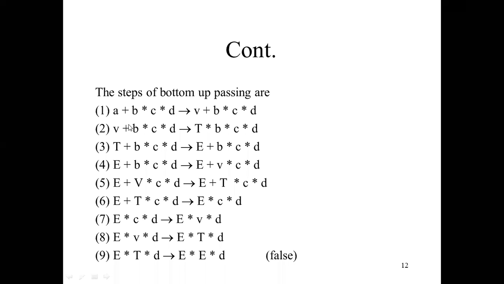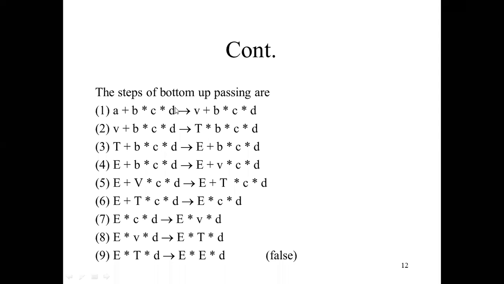Now you start to replace from here. You are replacing V. The value of A, you are all aware that you can replace it by V, since A, B, C, D can each be written as V. Now you are replacing V here in place of A and writing all remaining things as it is: plus B star C star D. Now again write this expression to the left hand side.